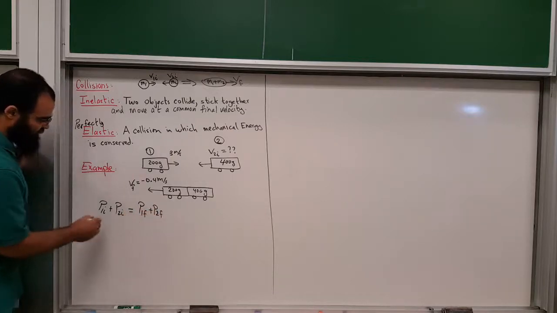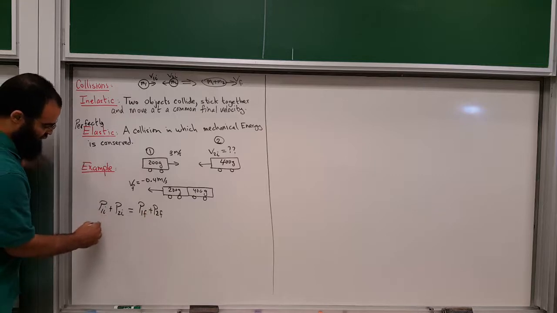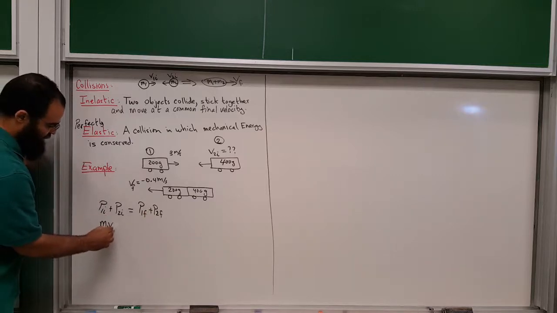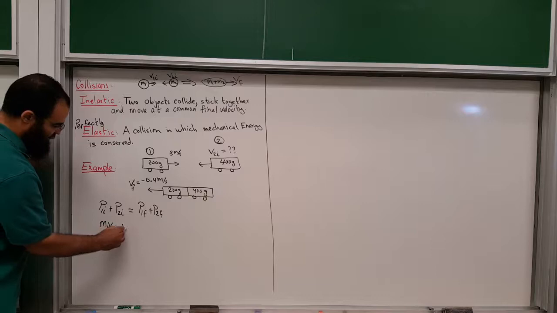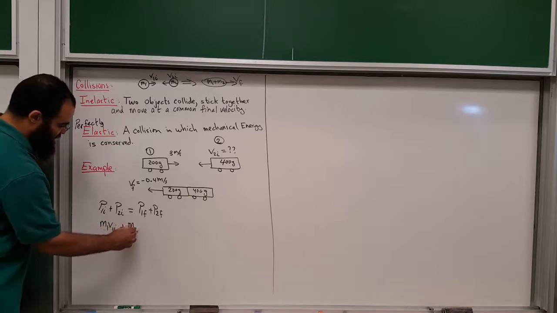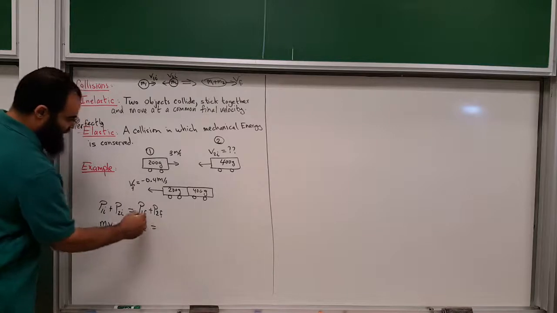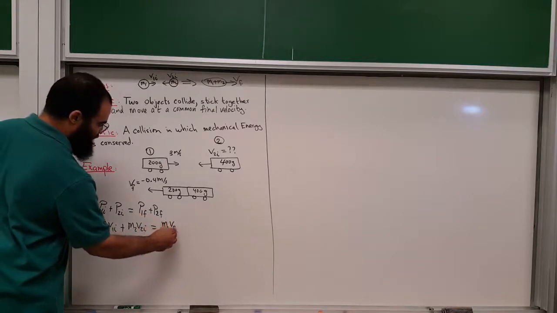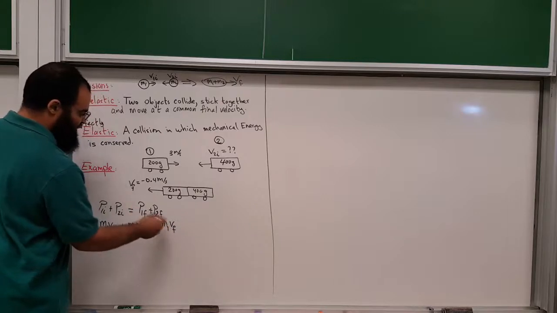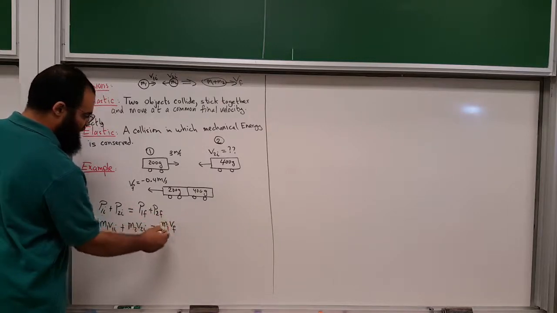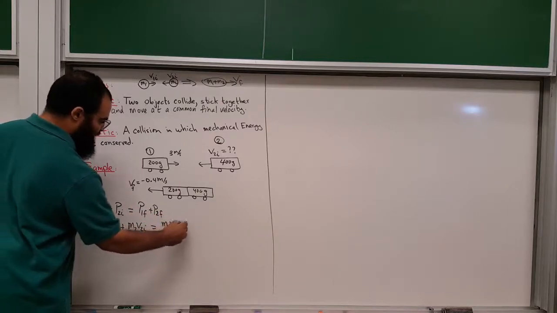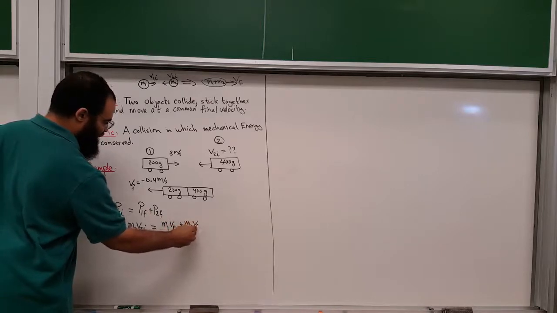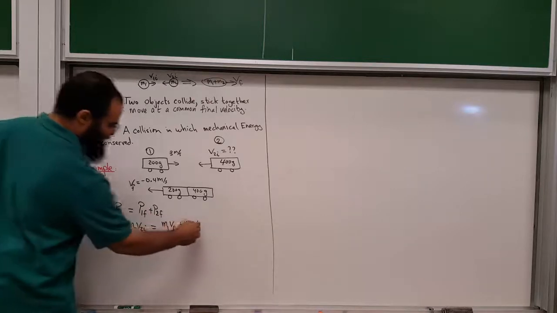The momentum of mass 1 before will be m1 v1 initial, and the momentum of mass 2 will be m2 v2 initial. And then the momentum after will be m1 v1 final. I would just call it v final because they stuck together and they will just have the same final speed. And then plus m2 v final, and as you can see, this always factors.